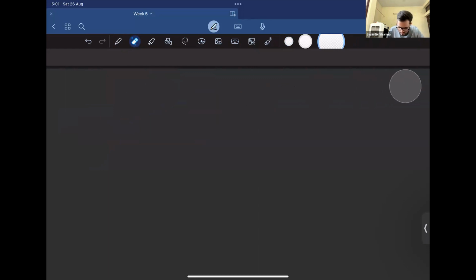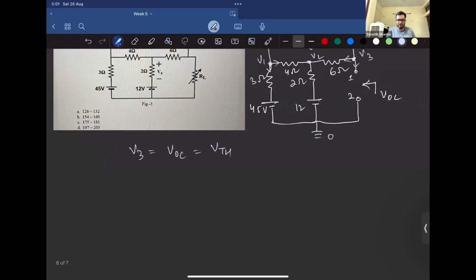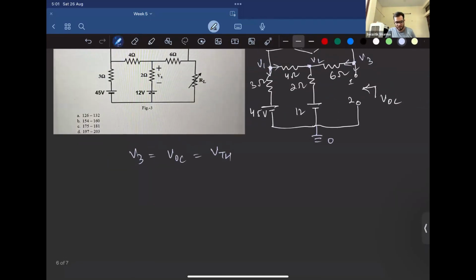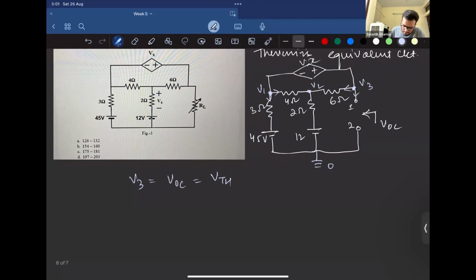So when we are taking a detour, I want you to come back to this topic. I want you to tell me how to solve this question. So between V1 and V3, you told me it's a supernode, right? Can you tell me, applying nodal analysis at that supernode, what will we have?